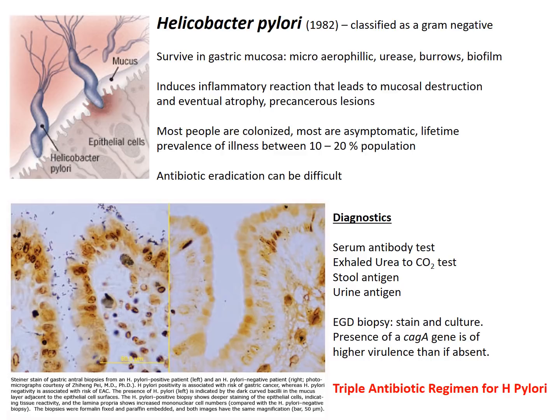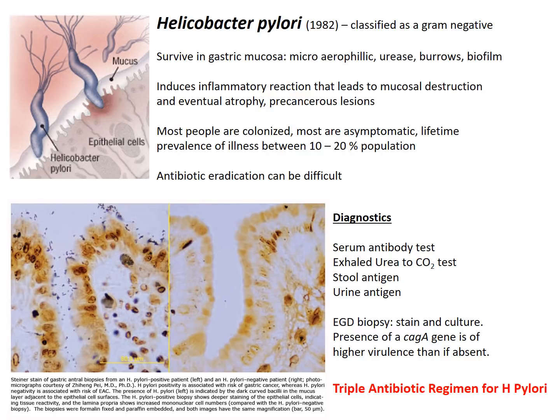That bacteria, as it burrows into the stomach and duodenal epithelium, can lead to mucosal destruction, eventual atrophy of the mucosa, and can actually produce precancerous lesions. Many individuals are colonized, but most individuals are asymptomatic.